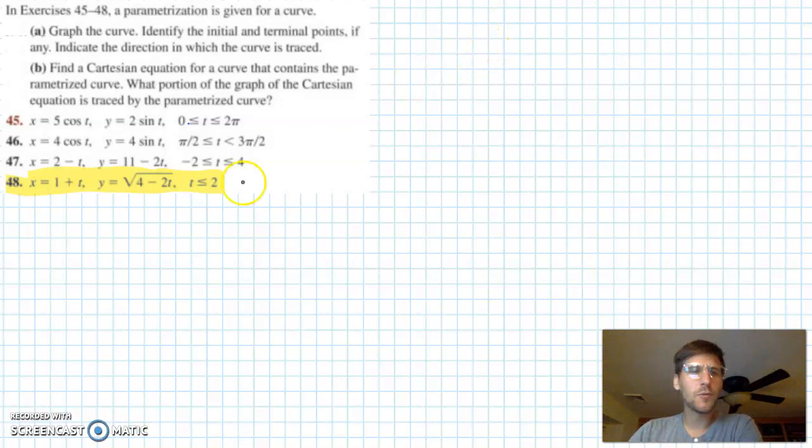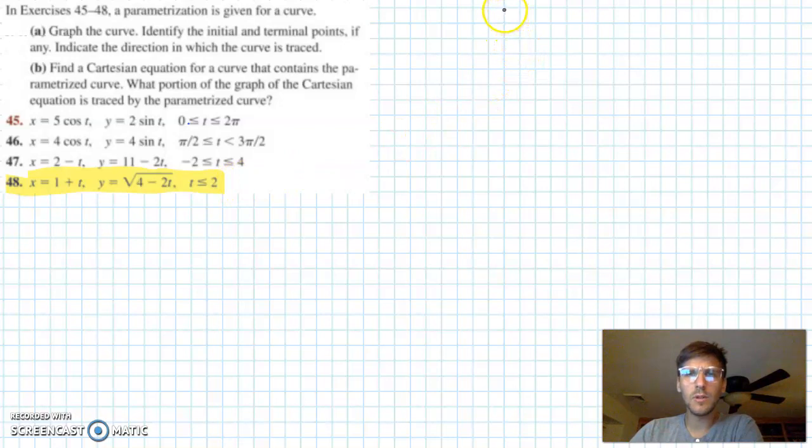Well, if we look at number 48, which was one of the ones assigned here, if you notice, we only have an upper bound on t. So since there's no lower bound on t, there's no initial point, I should say.